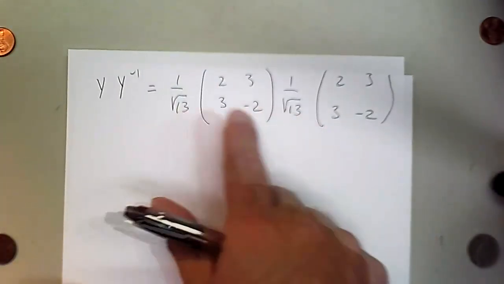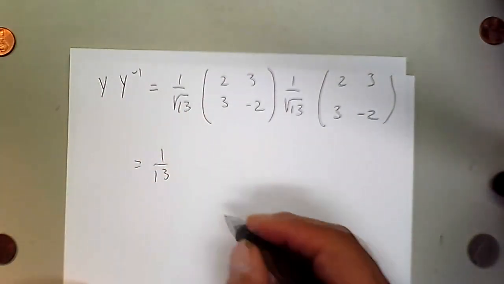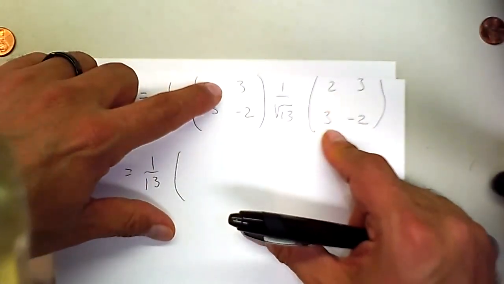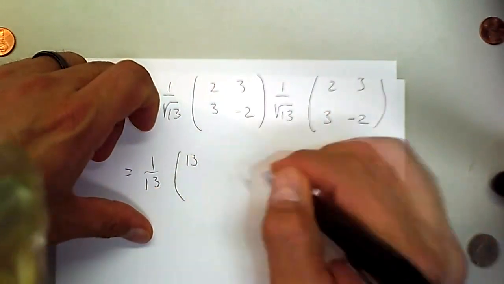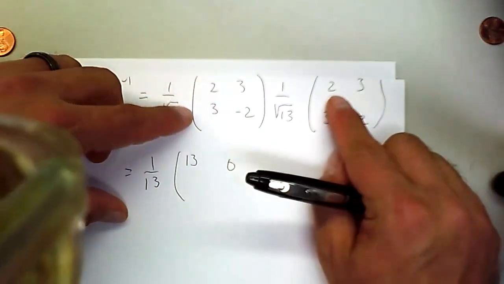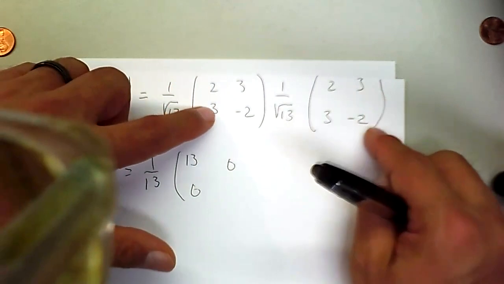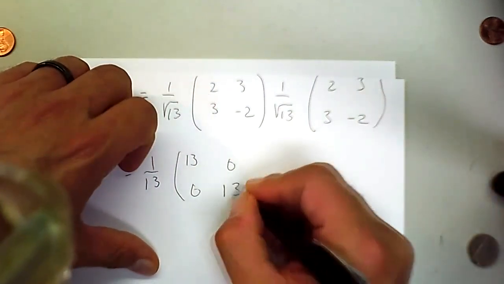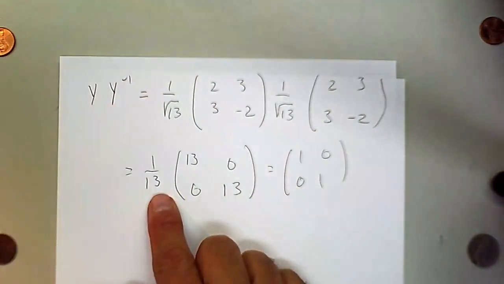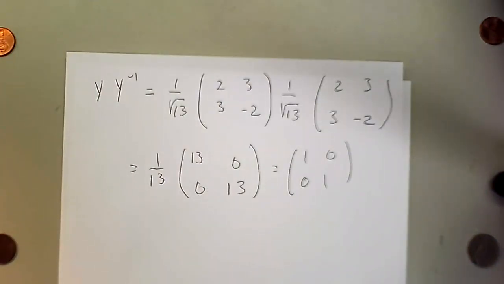Multiplying the scalars, we end up with 1 over 13, no square root anymore. Then let's multiply those two matrices. That's 4 and 9, 13. 6 minus 6, 0. 6 minus 6, 0. 9 plus 4, 13. Sure enough, that gives us the identity because we multiply by 1 over 13. So those two are inverses of one another.